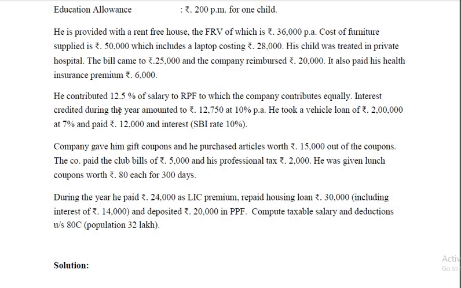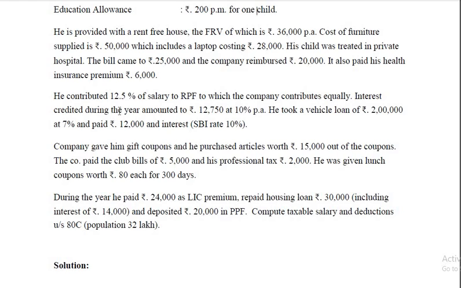Okay. During the year, he paid rupees 24,000 as LIC premium. This is for ATC calculation, for reduction in the ATC. And repaid housing loan 30,000. Only principal component of this installment is deductible under ATC. And then interest is to be taken while computing income from house property.